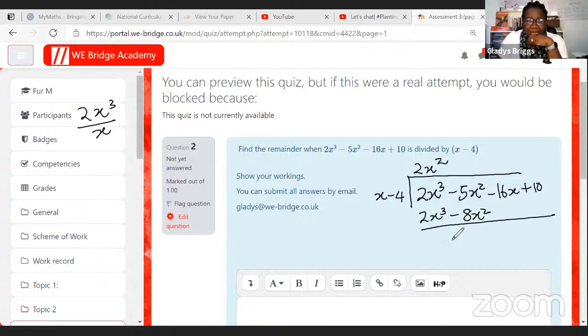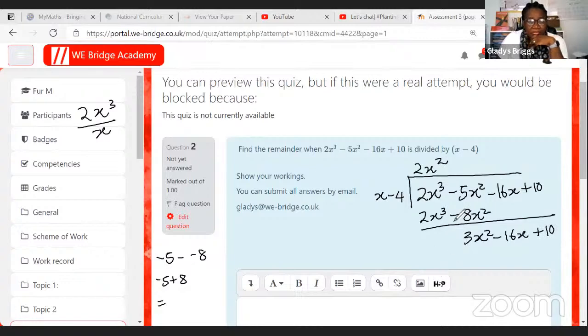Now we're going to subtract. Minus 5 minus minus 8 is minus 5 plus 8, which is plus 3. So 3x squared minus 16x plus 10. So bring down everything else.